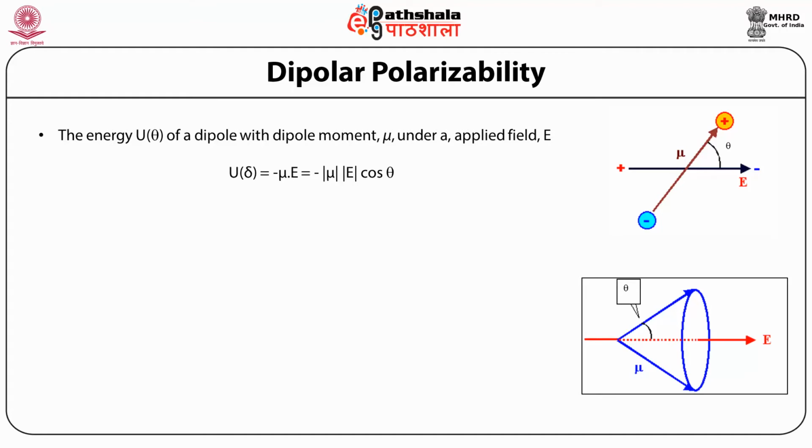However, to calculate the free energy, we would also need to calculate the entropy S, which is not very straightforward. So this is where Boltzmann statistics rescues us, which allows us to work out the minimum of the free energy using the distribution function.